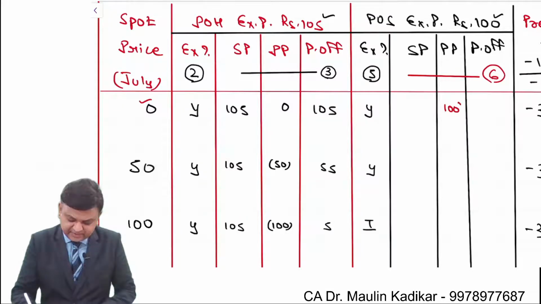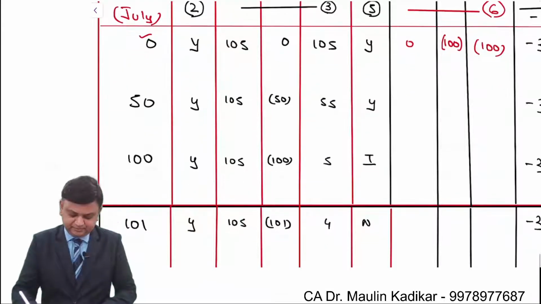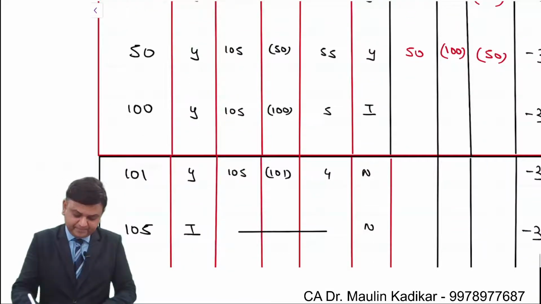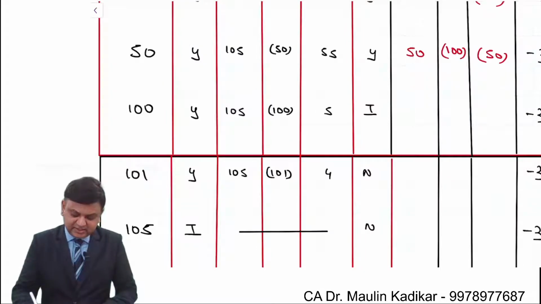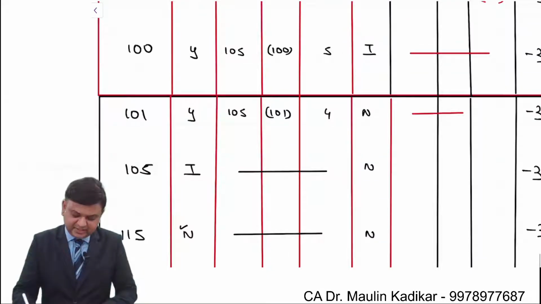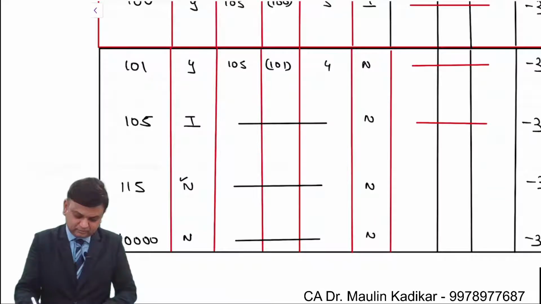So 100 rupees is the price at which I will buy a security which has 0 value, so there is a negative payoff of 100. Similarly, 100 rupees is the price at which I will purchase a security which has a value of 50, so there is a negative payoff of 50. In the remaining cases, he does not exercise his right, so the payoff is 0. That is what we understand.